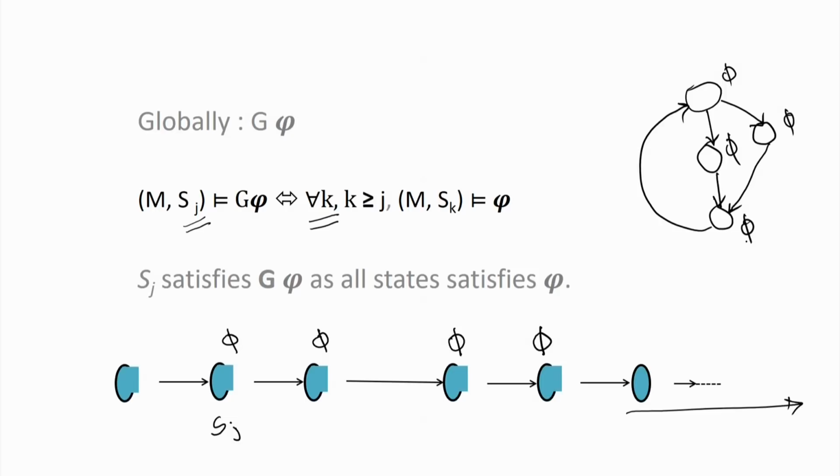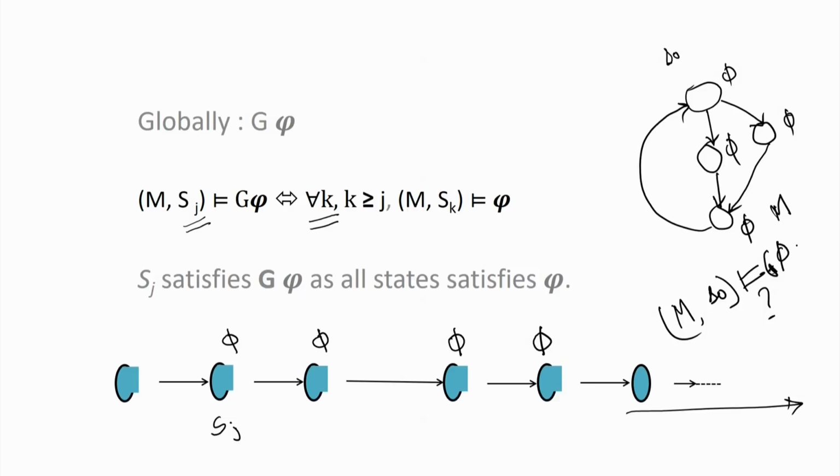in this particular case, say this is the state S 0 and this is model M, whether in the model M in state S 0, G phi holds or not.